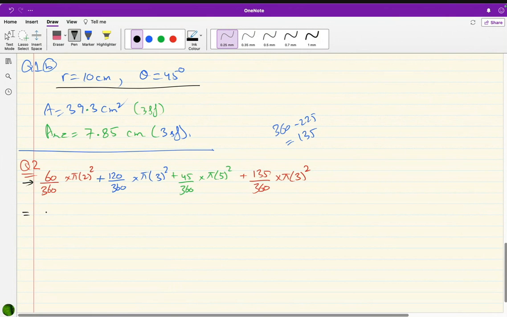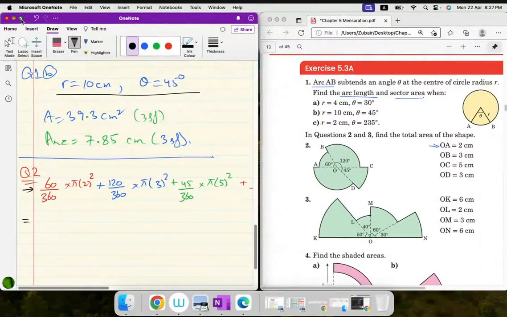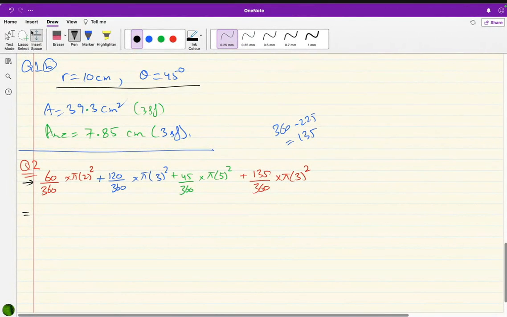So 60 by 360 into 2 squared. That was 2. Into 2 squared, I'm getting 2 by 3 pi.